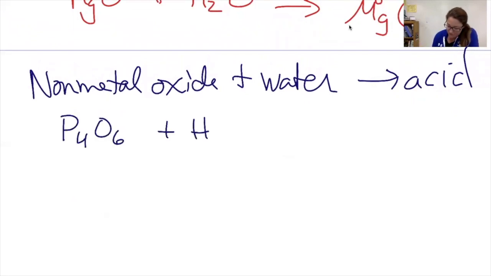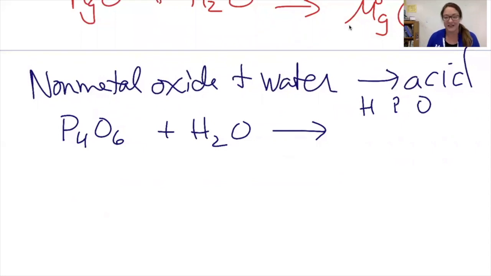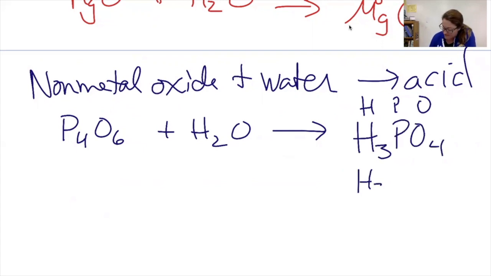It's going to react with water, and it's going to give me some acid that has hydrogen, phosphorus, and oxygen in it. One of those common acids is H3PO4. Another common acid is H3PO3, phosphoric acid and phosphorus acid. IB has different names for it.